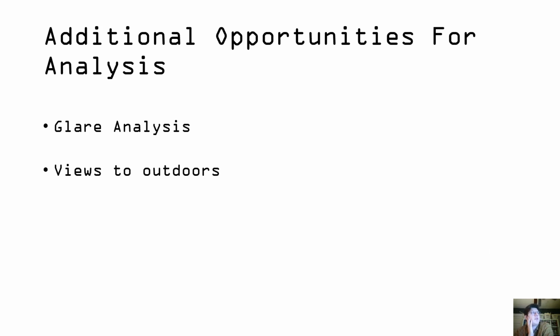Some additional opportunities for analysis that we're not really going to get into, but can be done quite easily with a BIM model, using scripts or alternate plugins that we're not necessarily using. There's a Dynamo script to do views to the outdoors or to do a glare analysis.